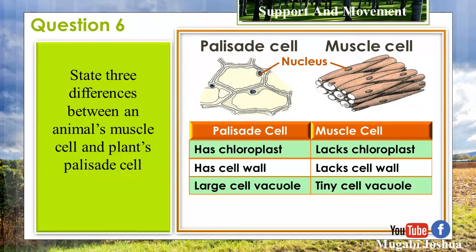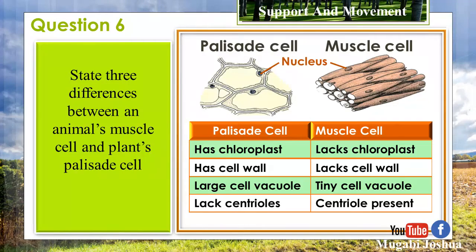The palisade cell has got a large cell vacuole, whereas the muscle cell has got tiny vacuoles. Then the palisade cell lacks centrioles, whereas the muscle cell has got centrioles. So those are the differences between the animal's muscle cell and the plant's palisade cell.